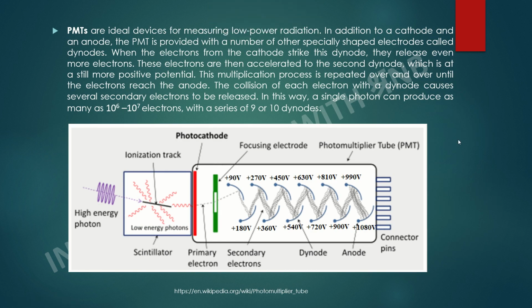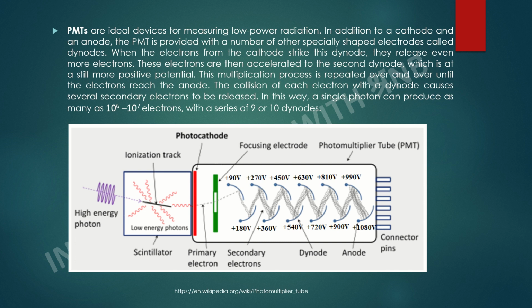Photomultiplier tubes are ideal devices for measuring low power radiation in which there is a cathode and anode. Apart from this, there are electrodes known as dynodes present in between. These increase the number of electrons: a single photon reaches the first one, gets deflected to another, and causes an increase in electron number.